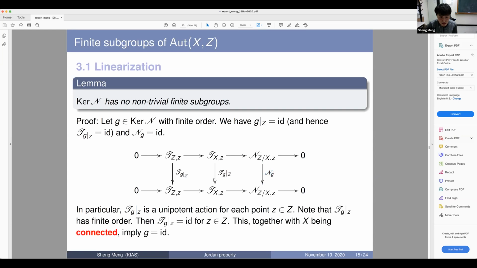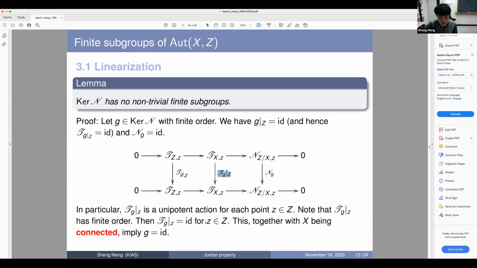Then this implies that the middle arrow is a unipotent action at each point z lying in Z. Note that g itself has finite order, so the middle one here also has finite order. So in particular, it is semi-simple, and together with unipotent, it means that it is also identity.